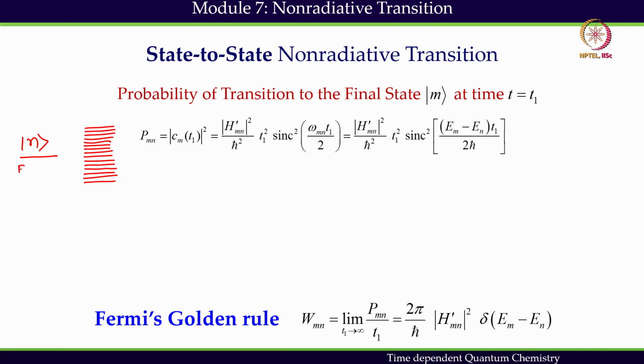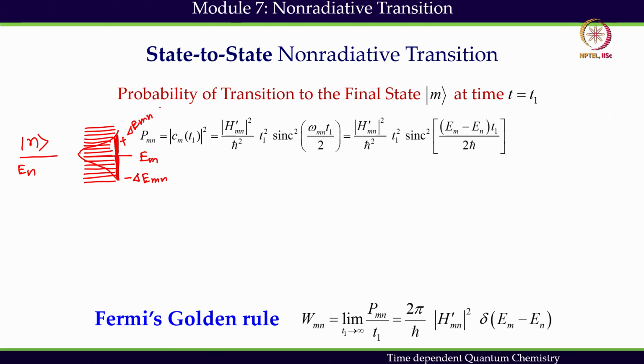If it is En energy, then the same energy would be Em, and this is minus delta E mn, and this is plus delta E mn.